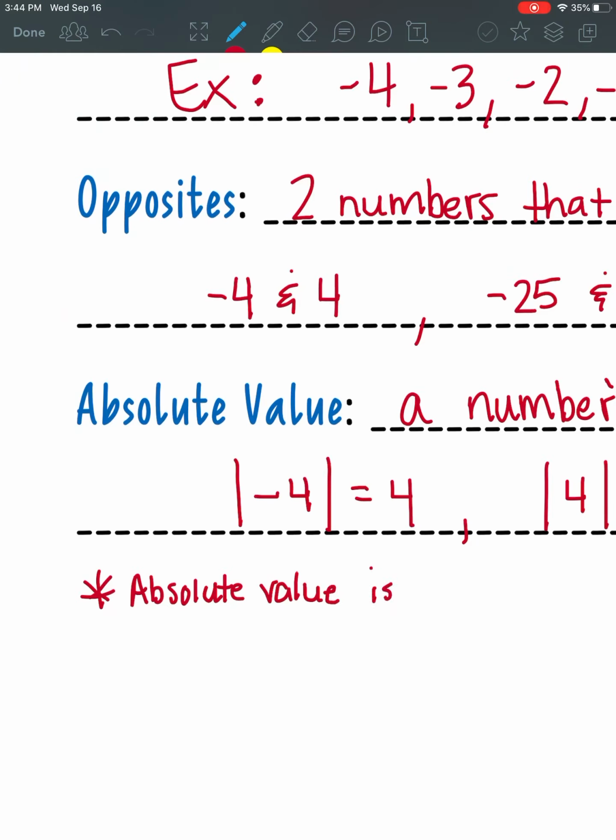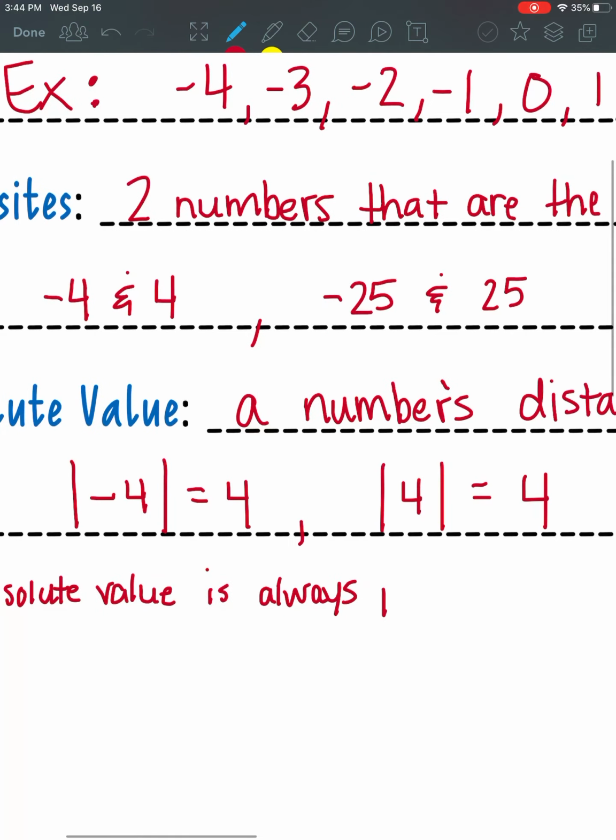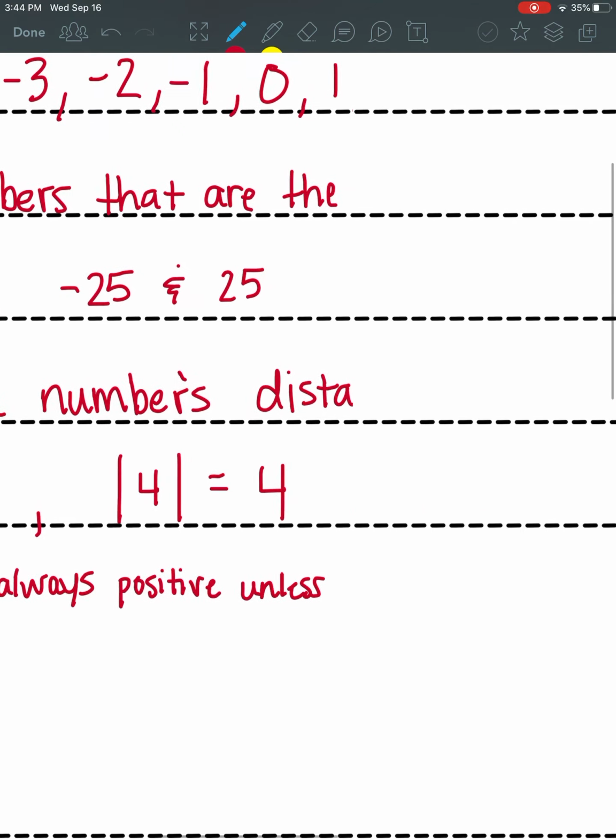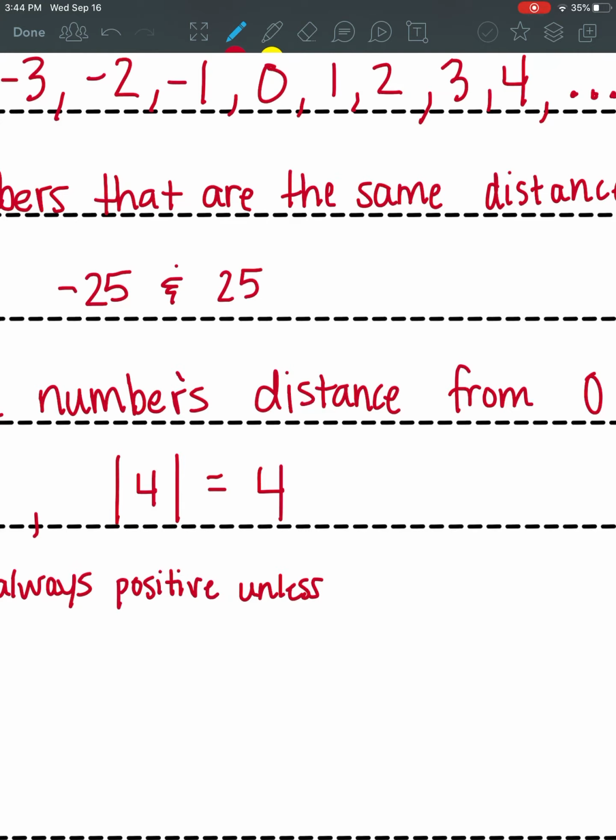A common error I see is students think it's just the opposite. That's not true. Absolute value is always how far away is that number from 0. So absolute value is always positive unless there is a negative sign in front of the absolute value bars.